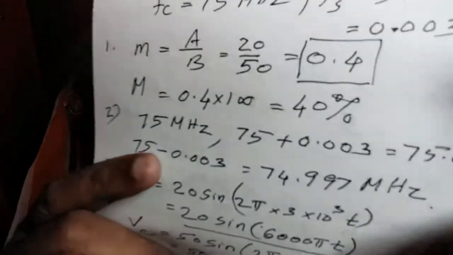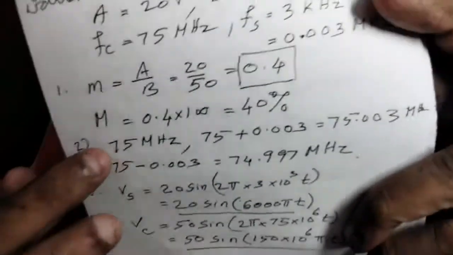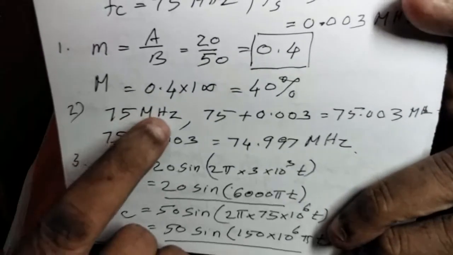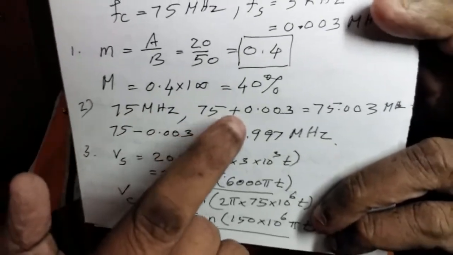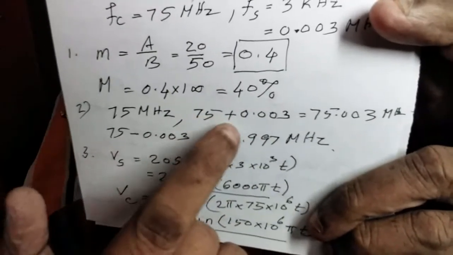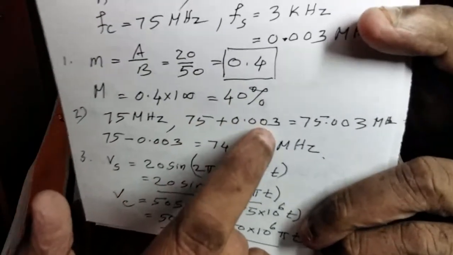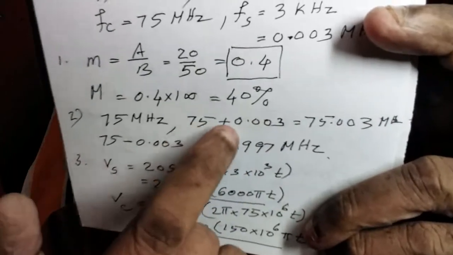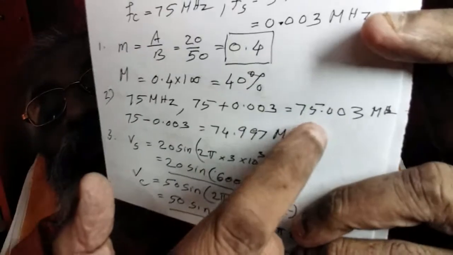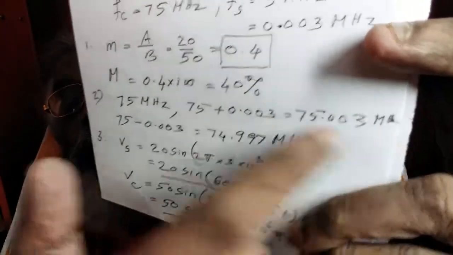Then the frequencies contained in the modulated wave. First, fc itself, that is 75 megahertz. The other is fc plus fs, 75 plus 0.003, in megahertz, that is 75.003 megahertz.